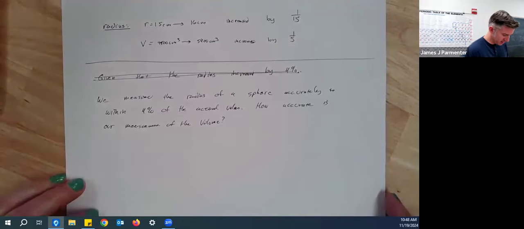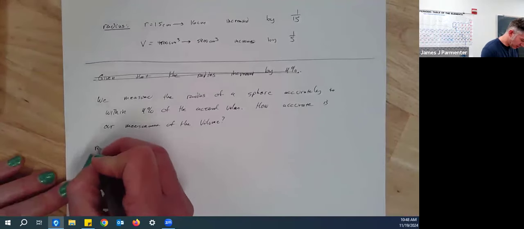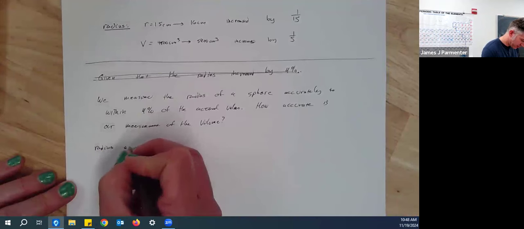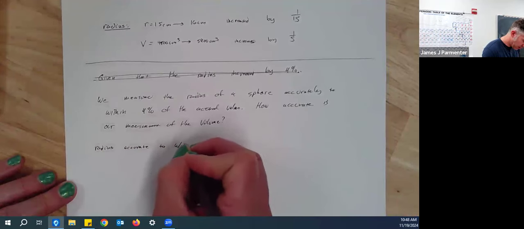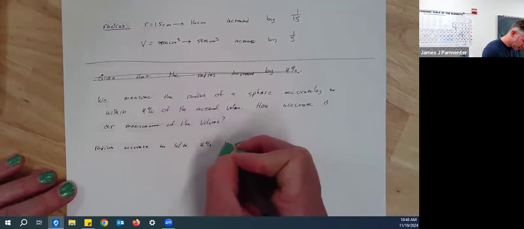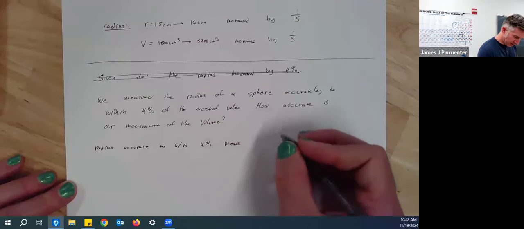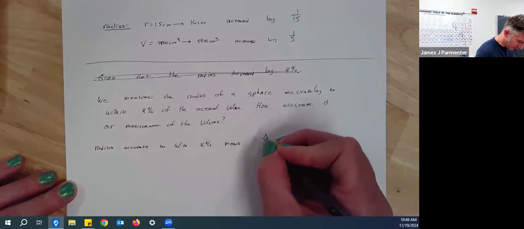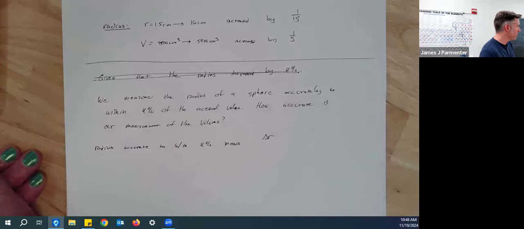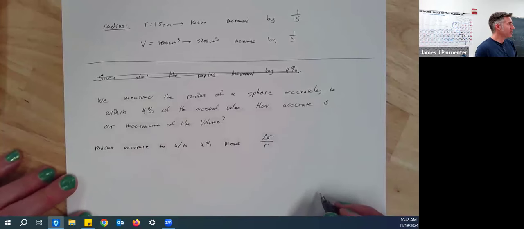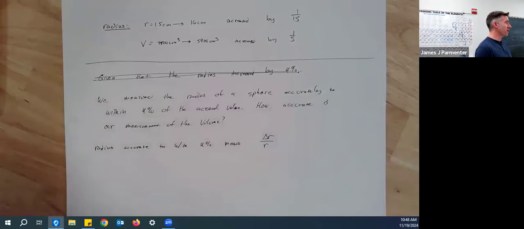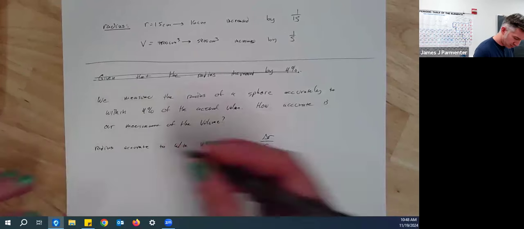So what that means is, for our radius being accurate to within 4%, however much we're off the radius by, our delta R divided by the actual value of the radius, is at most going to be 4%, or as a decimal, 0.04.